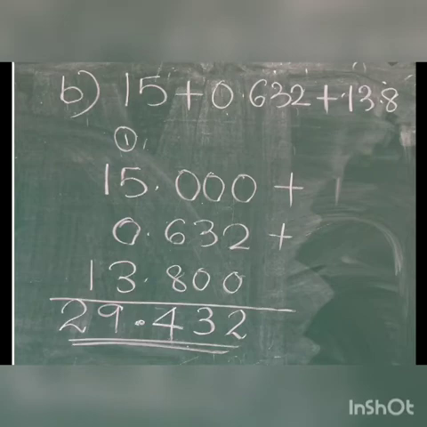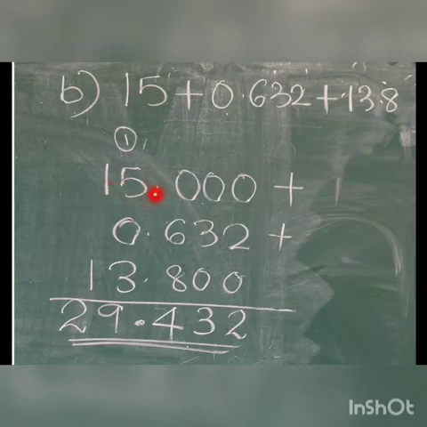Next question. 15 plus 0.632 plus 13.8. Here when you see the numbers, one number is a whole number, the other two are decimal numbers. While writing the whole number, make sure you are not changing the place value of the given numbers. 15 does not have a decimal point, isn't it? So where will we give the decimal point?